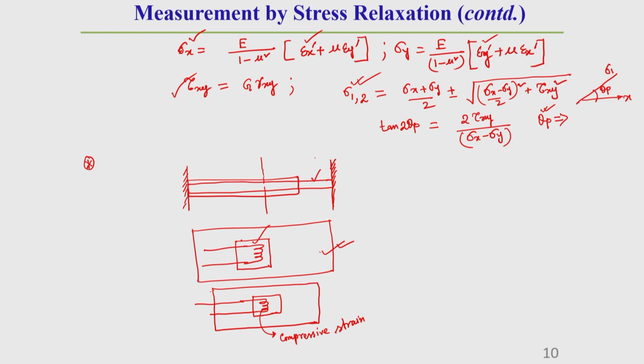So, this strain gauge will provide you compressive types of strain. Keep this in mind. But in this structure, as it was in the elongated condition at that time, what type of stress was there? There was tensile stress, correct.